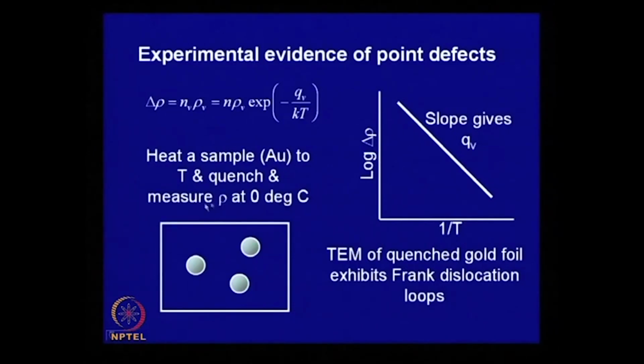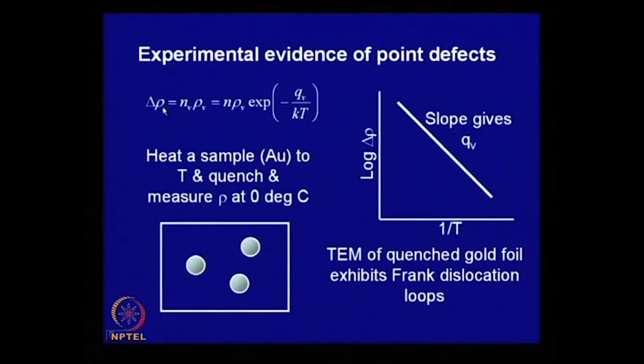Now you have a set of resistivity data as a function of the temperature to which the sample was heated. Since we are quenching it very fast and the temperature is very low, the defects cannot diffuse out and they are held within the crystal. The resistivity increases as you increase the temperature.